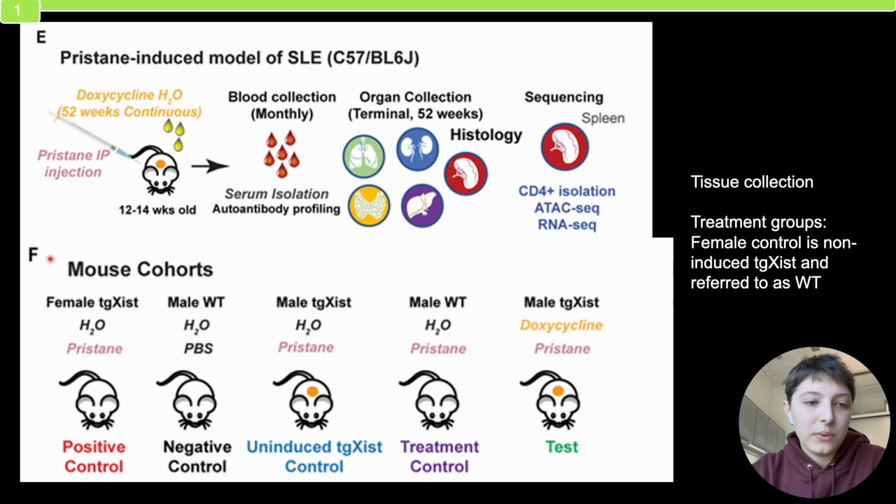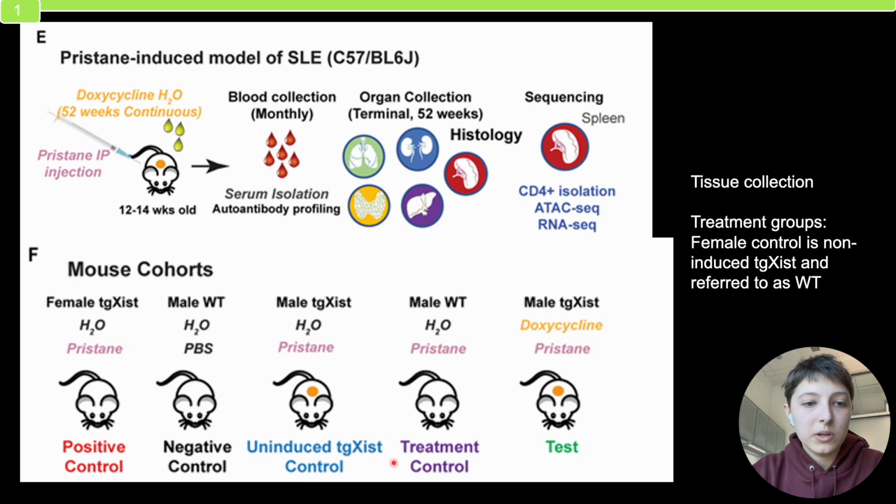And then in F, we have the actual cohorts. So we have this positive control of mutant females with no dox and this pristane addition. So in this case, we should see a pretty big phenotype. And then male wild type, no dox, no pristane, just straight wild type males.